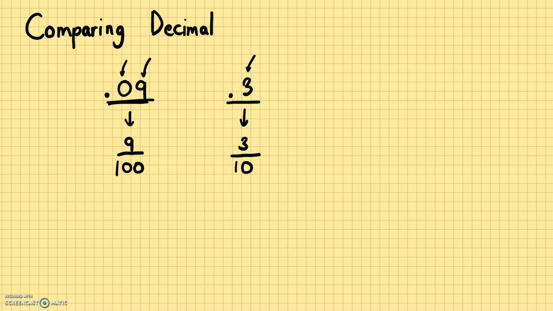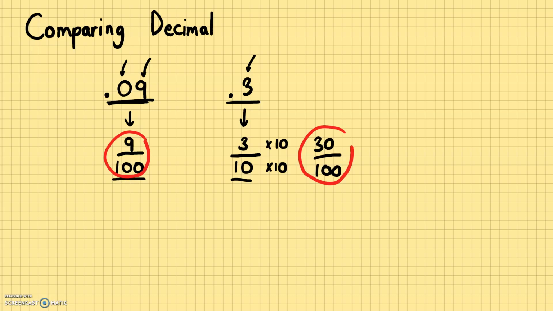When we're comparing fractions, we need to have the same denominator. So we multiply both top and bottom here by 10, and we get 30 over 100. Now that we have the same denominator, which one is bigger, 9 over 100 or 30 over 100?